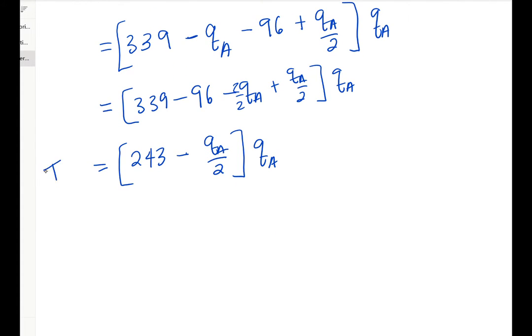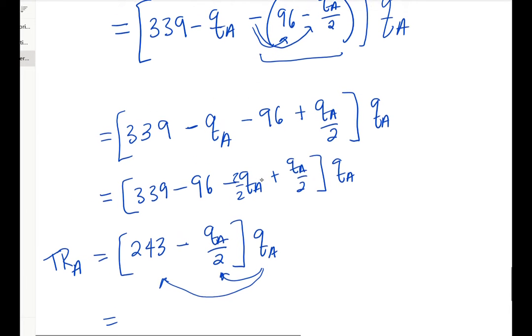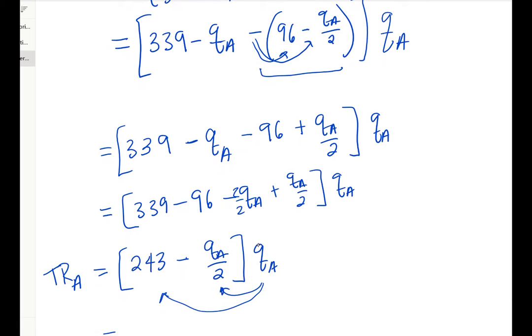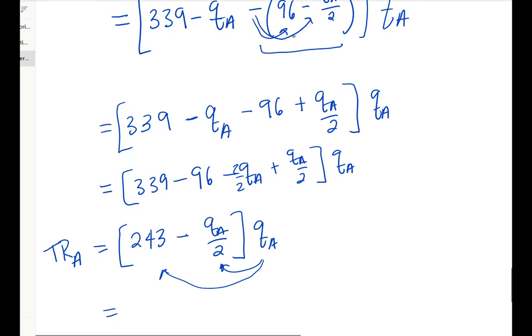Again, remember this is just total revenue for American. Now we can apply this QA to each term in here. As you can imagine, applying the outside QA to each term is much easier in this equation down here than if we had done it up here. That's why I opened this parentheses first.